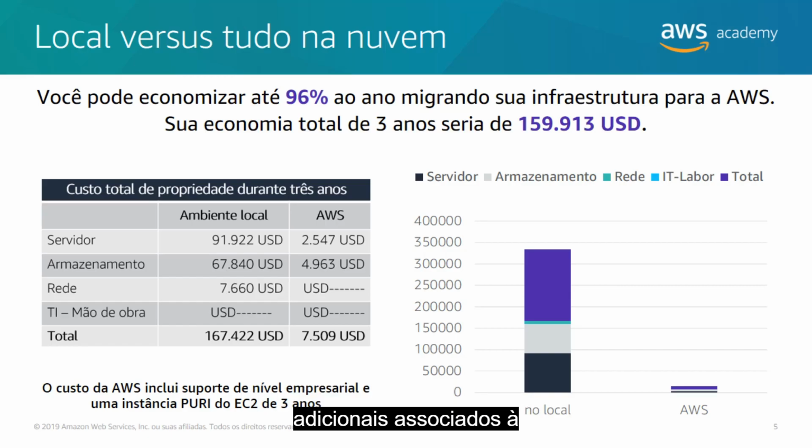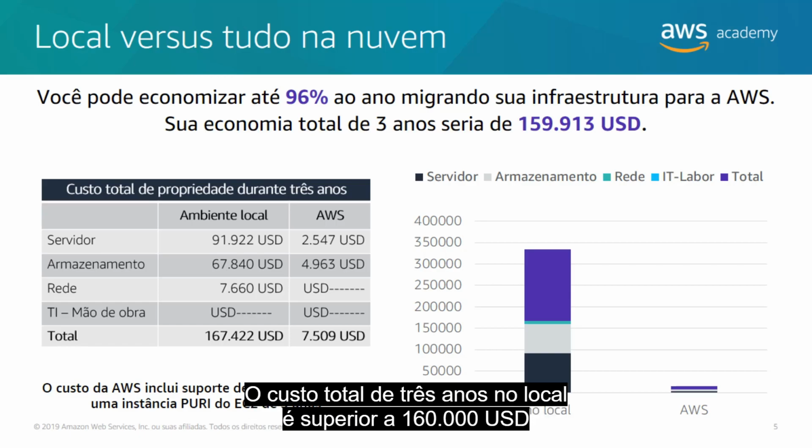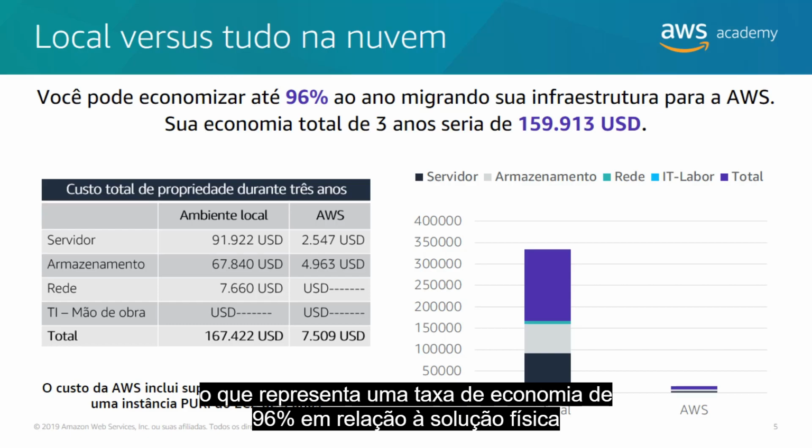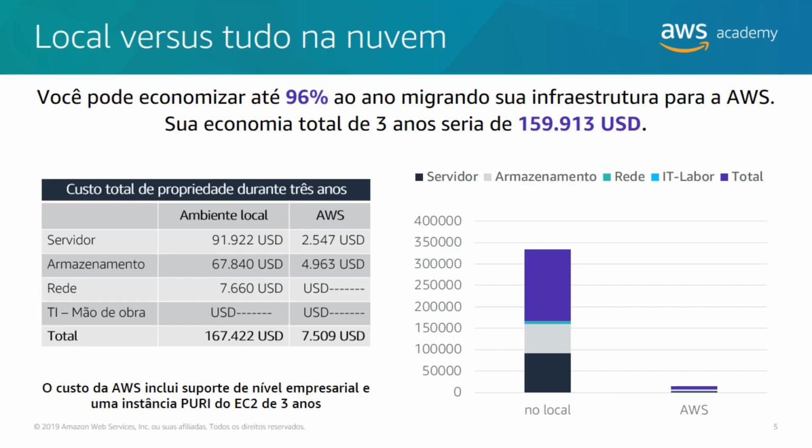Additional direct and indirect costs that are associated with the on-premises solution were not included. The on-premises 3-year total cost is over $160,000. The AWS 3-year total cost is over $7,000, which is a 96% savings rate over the physical solution.